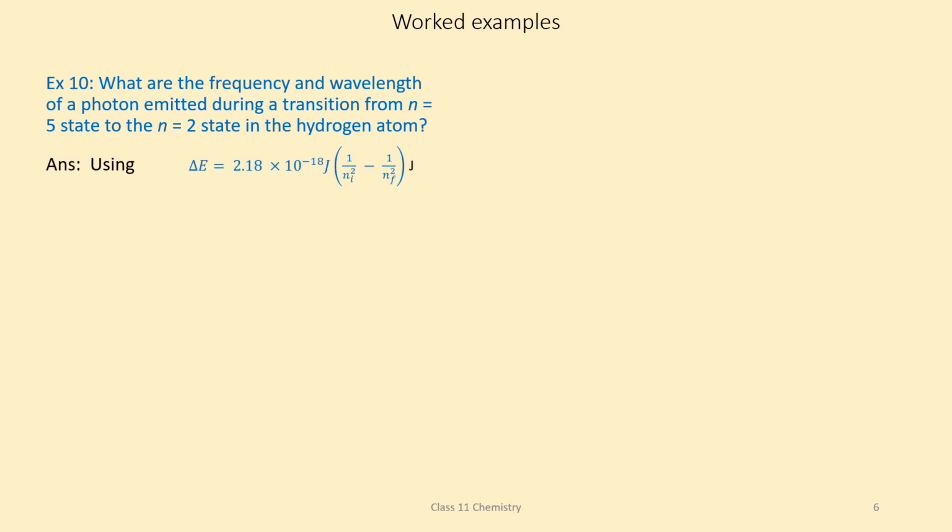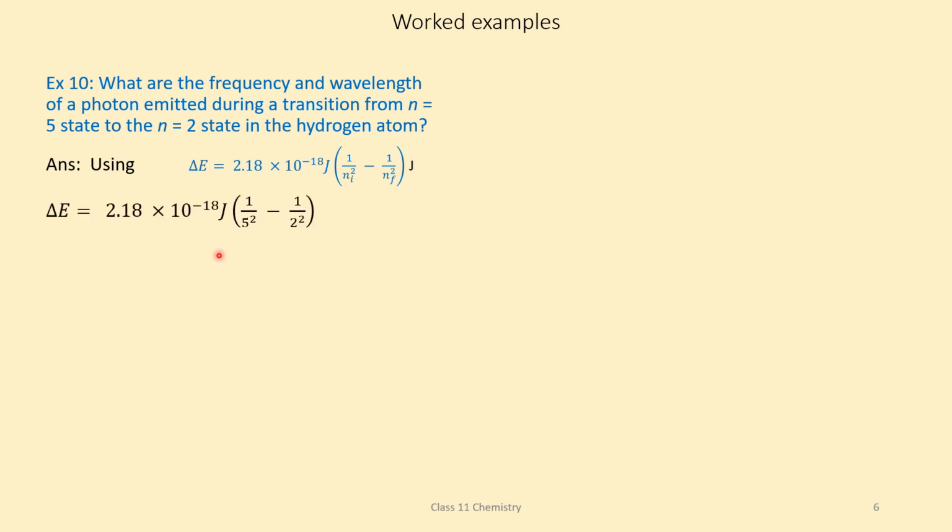Using the formula delta E is equal to 2.18 into 10 to the power of minus 18 joules into, open the big bracket, 1 over Ni square minus 1 over Nf square joules. This is given in equation number 17.